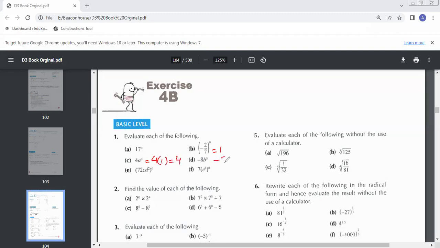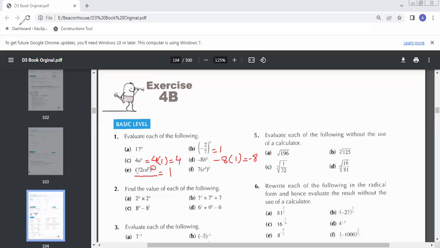Similarly, -8 times 1, because b power 0 is 1, so it's -8. Similarly, when we have so many things inside, the whole term including variables, 72, c, d squared, everything enclosed in whole power 0, it means we are applying power 0 on 72, on c, on d squared, and the final answer is also 1.